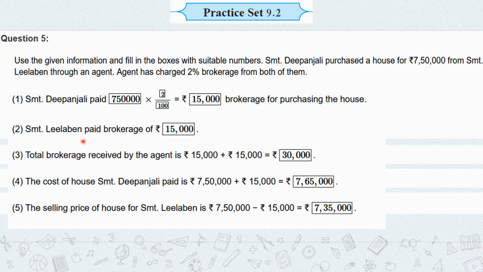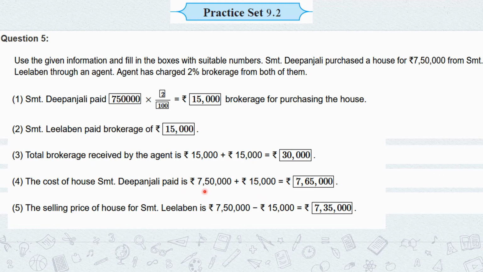Srimati Leelaben paid a brokerage of rupees 15,000, which we just now found out. So the total brokerage received by the agent will be 15,000 from Dipanjali plus 15,000 from Leelaben, which is 30,000 in total.